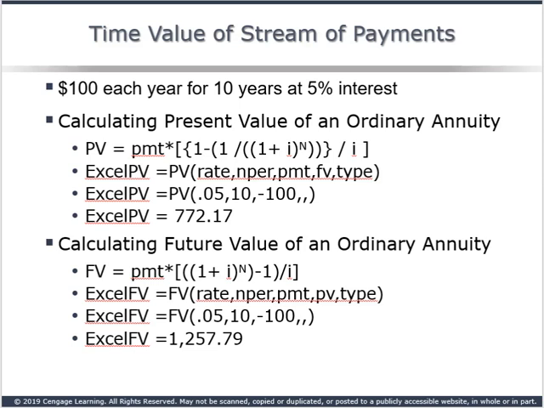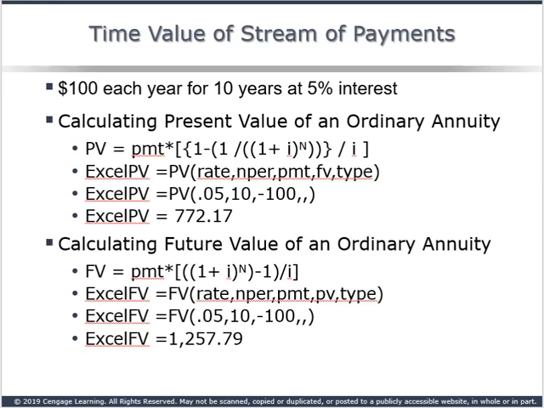And so we see here that the present value of that $100 received every year in the future for 10 years is only worth $772.17. That is the mathematical result of that compounding factor, or in the case of present value, the discounting factor.